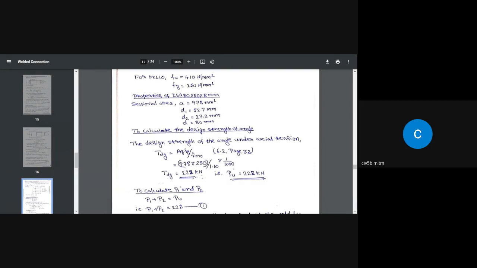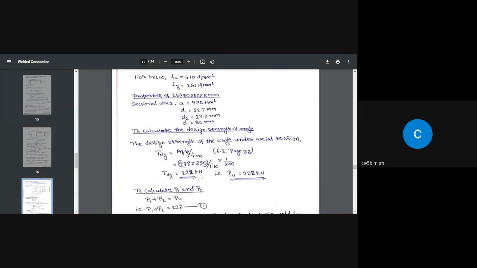Fy is the yield strength of the angle material. For Fe 410, Fu equal to 410 Newton per millimeter square and Fy equal to 250 Newton per millimeter square, divided by gamma MO. Where did we get gamma MO? Go back to page number 30, table 5.